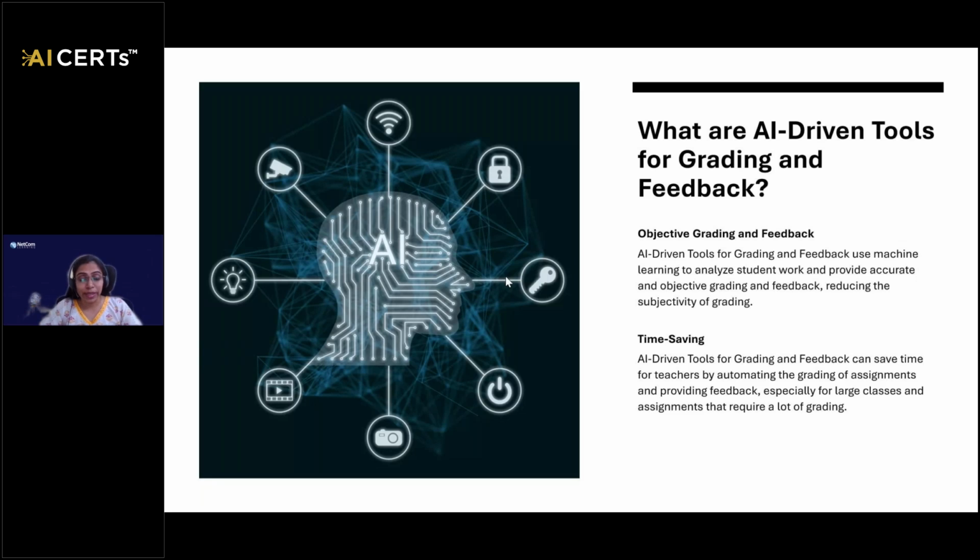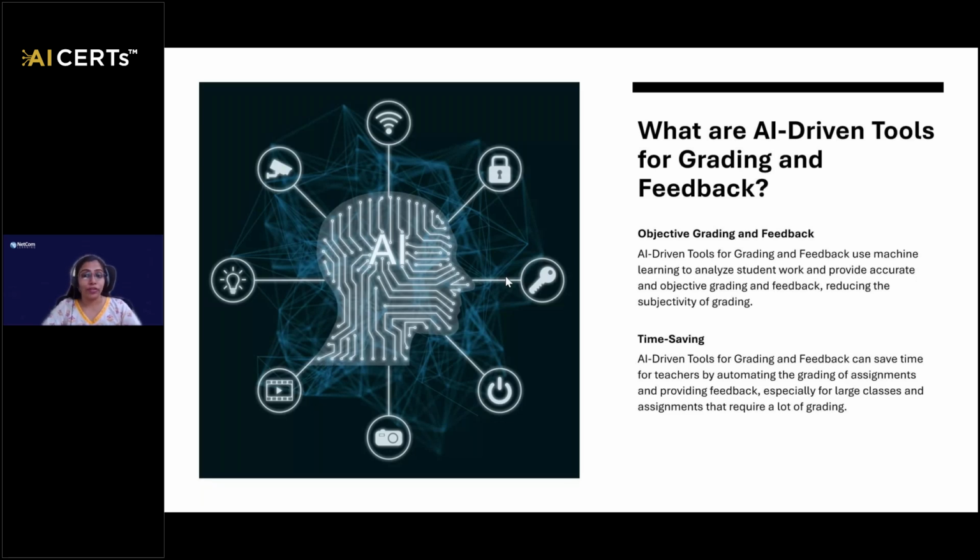So it is especially for large classes and assignments that require a lot of grading, and of course where the feedback process becomes really lengthy. So just to cut short, teachers can take help from AI driven tools and can focus more on the improvement of their students.